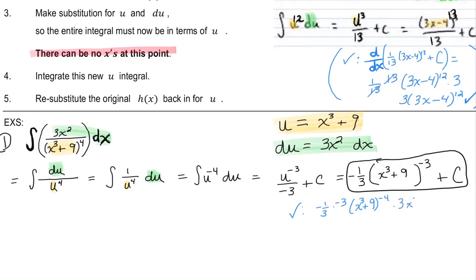And then chain rule times the 3x squared. So obviously the -1/3 and the -3 reduce. And so what I have here is exactly equal to my original integrand. It's that 3x squared over x cubed plus 9 to the 4th. So it checks. Again, I won't always show the checks, but it's nice to do it initially a little bit here, I think.